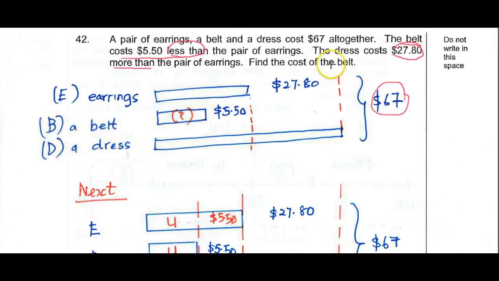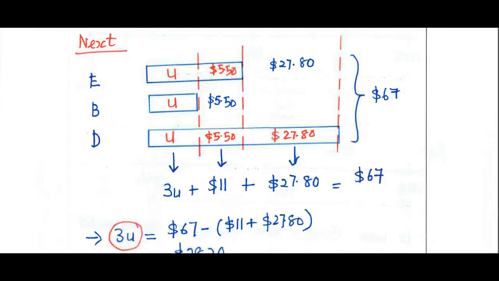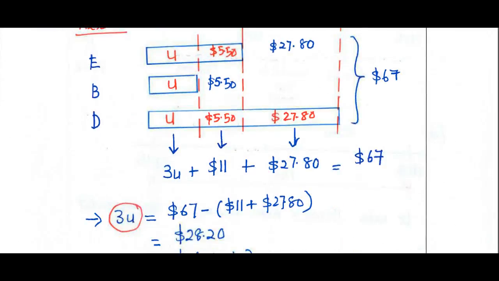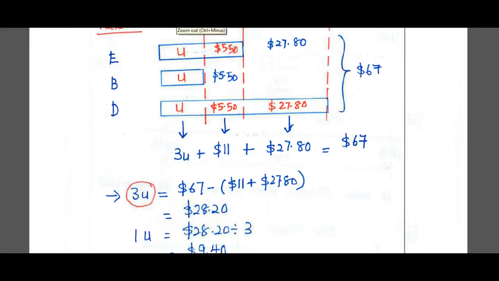Find the cost of the belt. Now you have this, you have a very good relationship. After drawing this estimate, I redraw it below. Take a look here. I redrew this like this. Let me make it smaller for you to see.